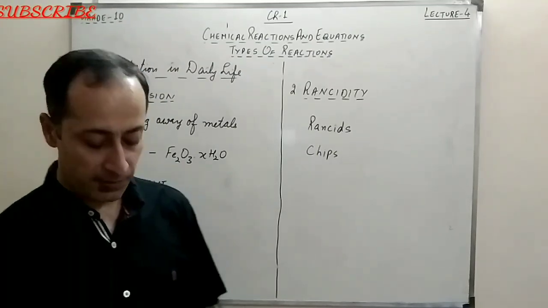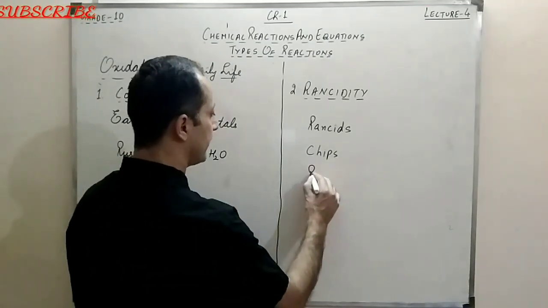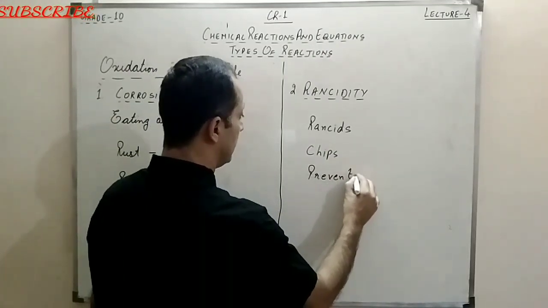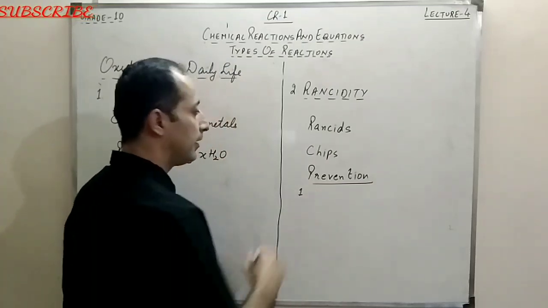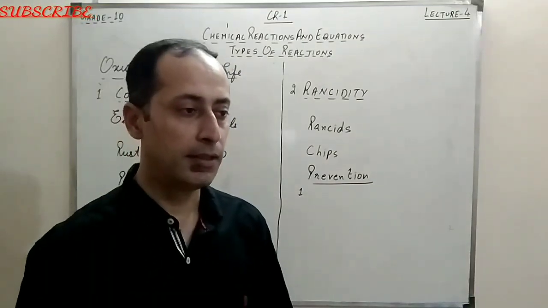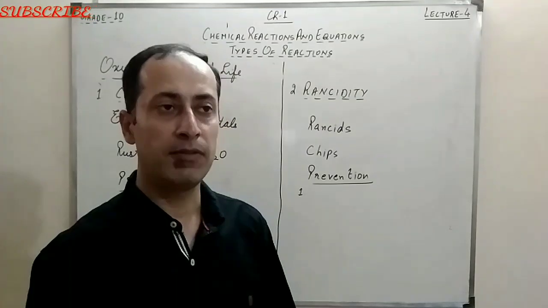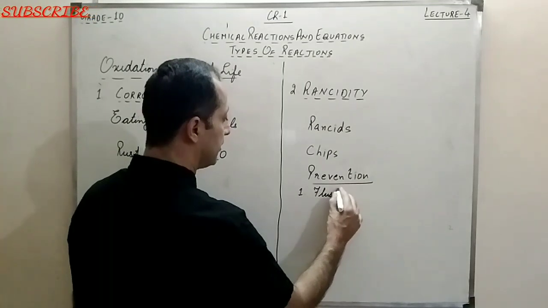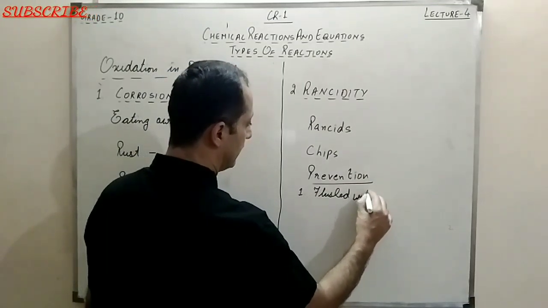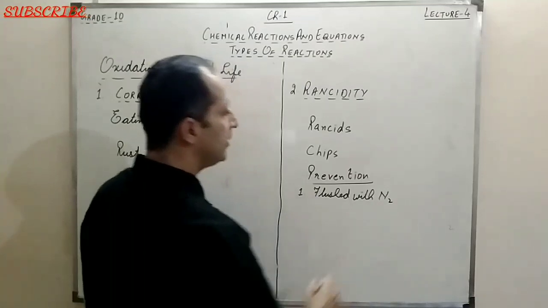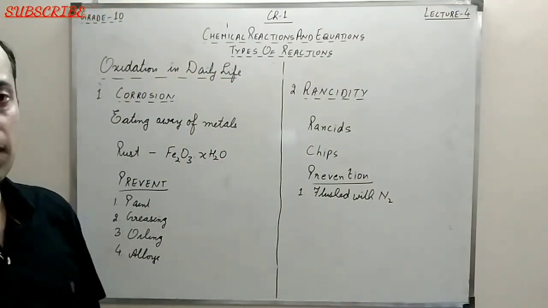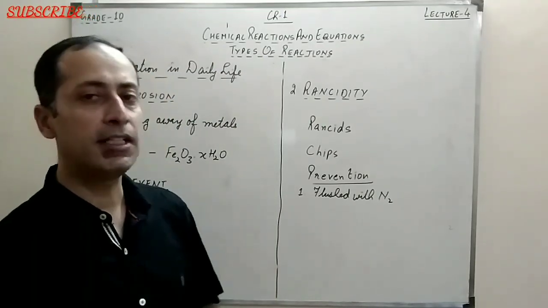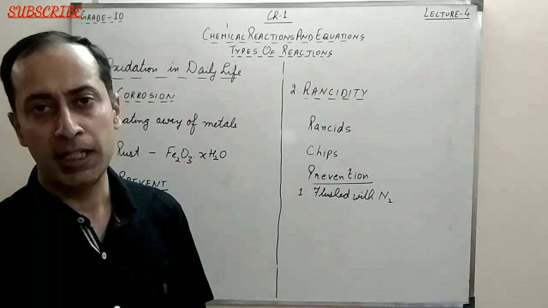Now the question: how can we prevent it? There are very few methods for prevention. The first thing: the food articles which we get from the market, which are packed, are flushed with nitrogen, especially chips packets. Nitrogen has very little reactivity, so it prevents the food articles from coming in contact with oxygen.